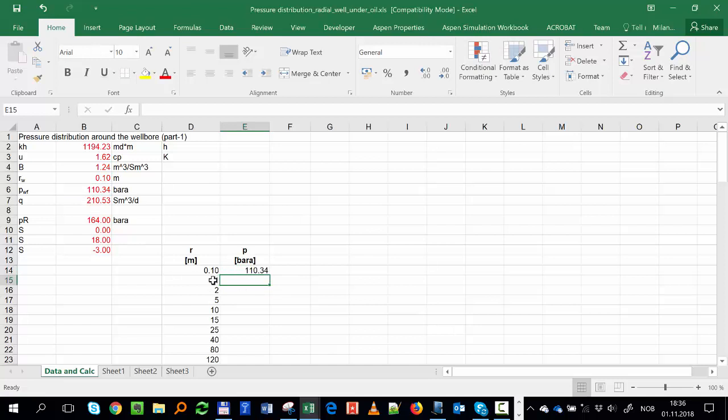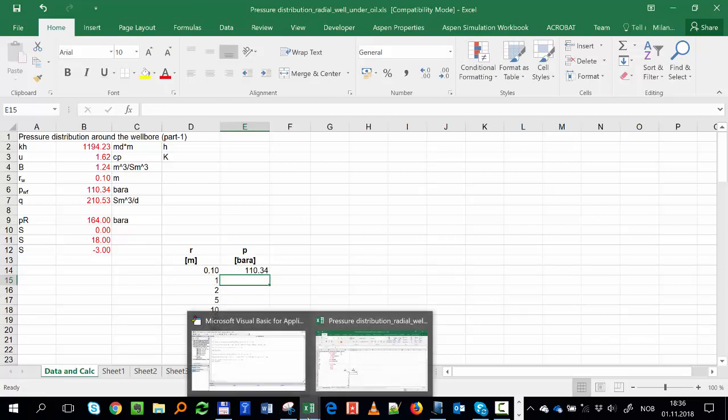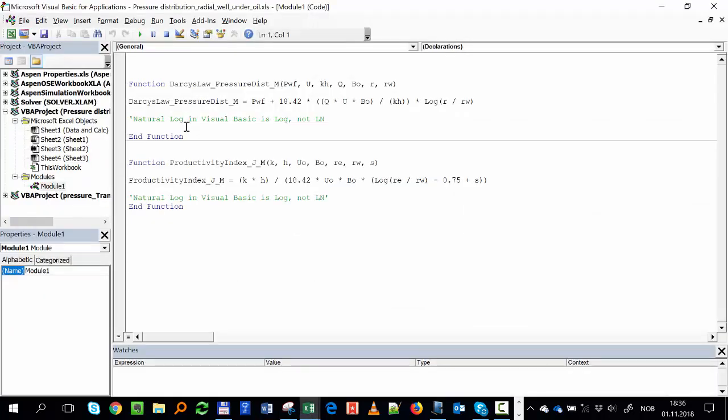And for the other radii, I have to use the equation. Let's see the name. I think it had Darcy. Pressure distribution in metric: pressure, viscosity, KH, Q at standard conditions, BO, R, that's the position where you are, and R of the wellbore. So let's use that equation.